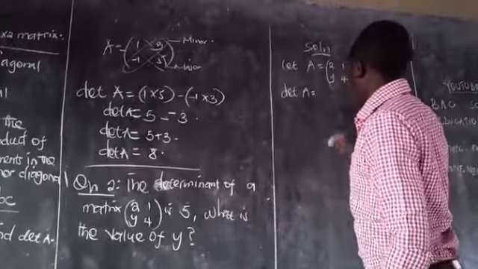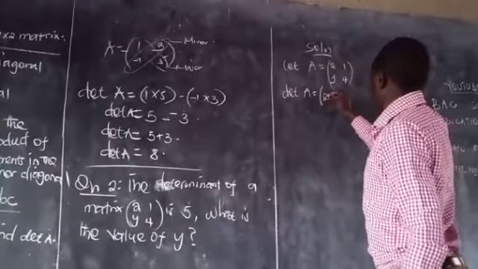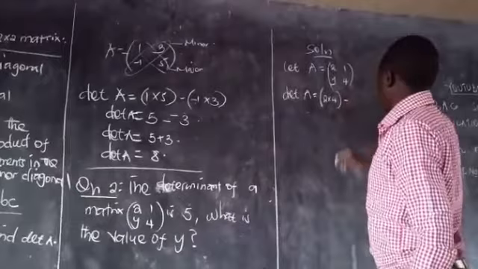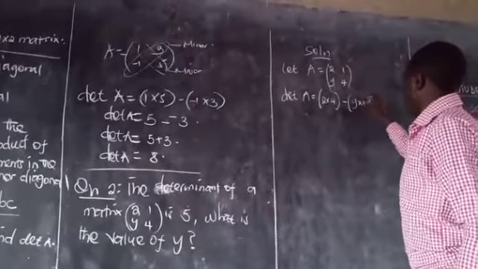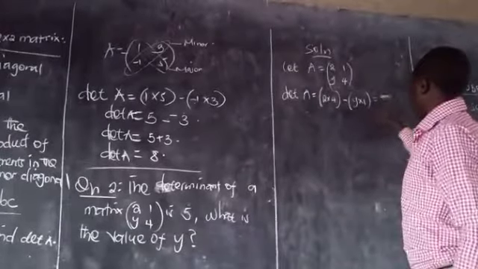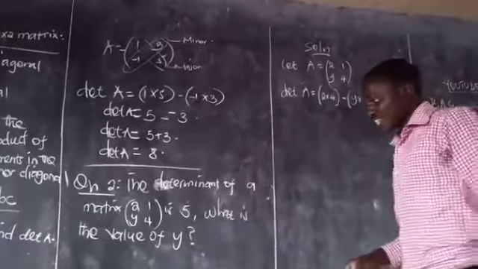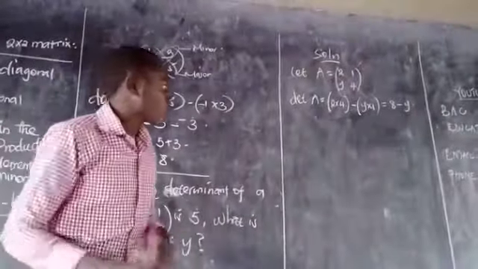The determinant of A is given by the product of these elements, which is 2 times 4, and then we subtract the product of these elements, which is Y times 1. This simply gives you 8 minus Y. But they are saying also the determinant of this matrix is equal to 5.